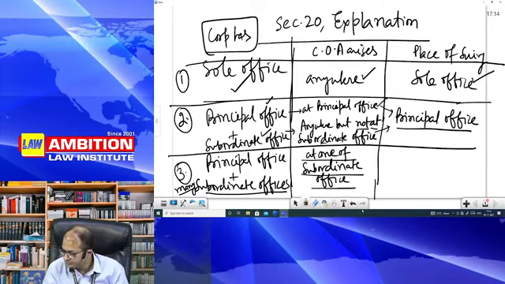Number two, where the business of the firm is carried on. Number three, where the accounts of the partnership are maintained.